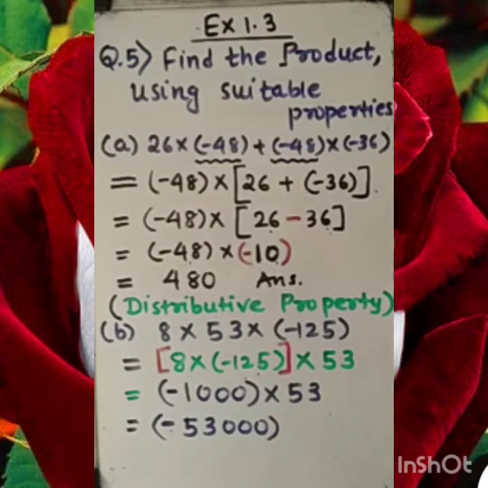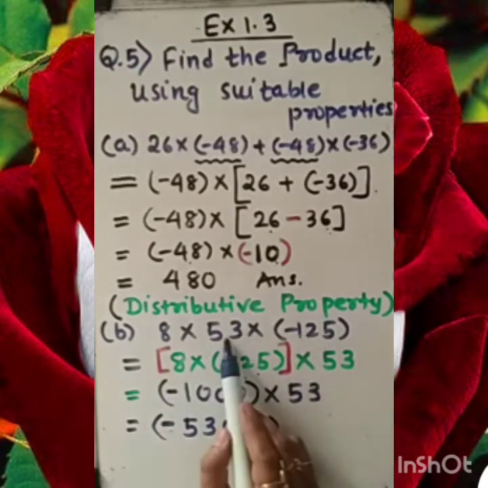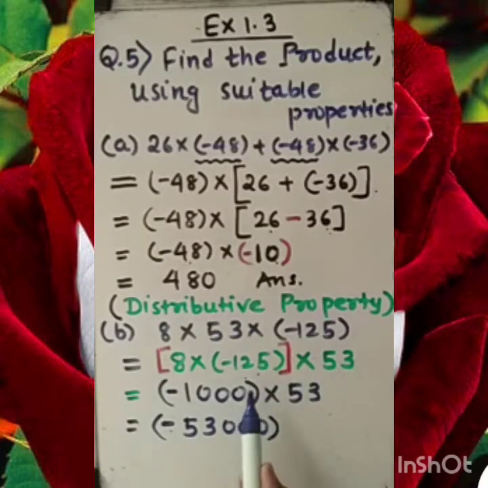Okay, now first of all, you want to know why I have chosen this, and why I have not chosen this and this. The reason behind that is to make our work easiest; solving the sum will become easiest without the multiplication.